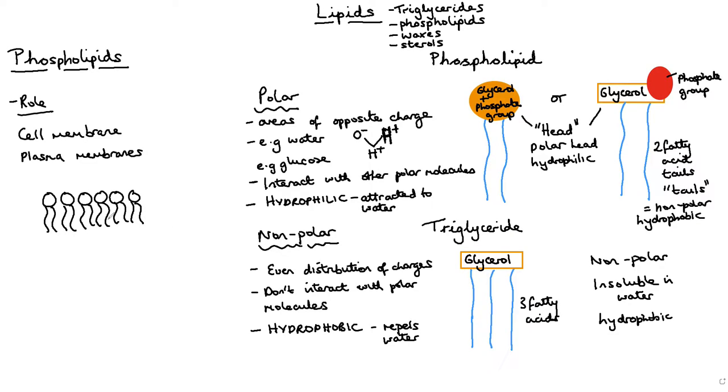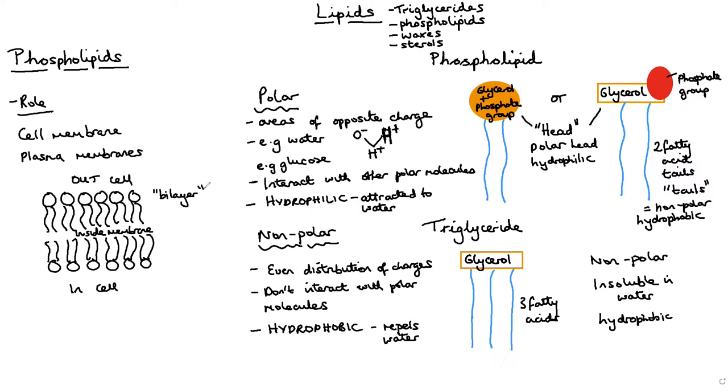There's one. So let's say this is the outside of the cell, and this is the other layer of phospholipids here. If that's out of the cell, this is in the cell, this is inside the membrane here. So you can see you have two layers, so it's referred to as a bilayer. The cell membrane is a bilayer.